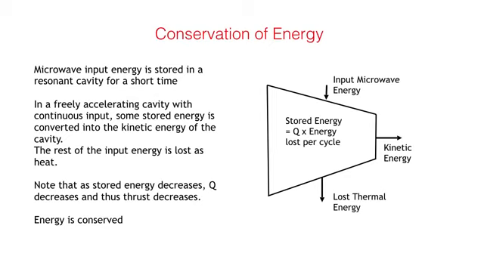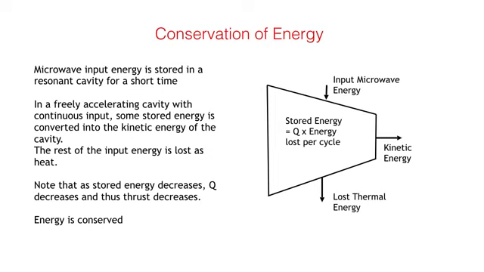Similarly, to be a viable theory, EmDrive must obey the law of conservation of energy. The energy balance is illustrated in the diagram, which shows the input microwave energy is temporarily stored as in any resonant system. It is then released as kinetic energy and thermal energy over the time constant of the cavity. Remember, the stored energy is defined as Q times the energy lost per cycle.